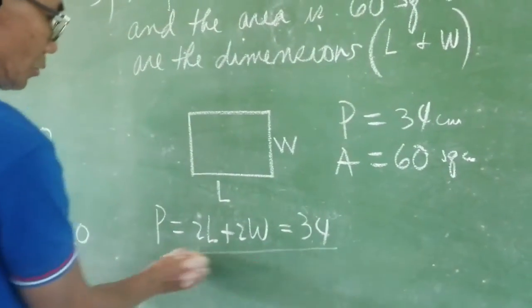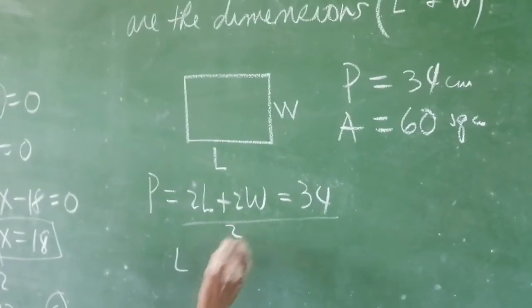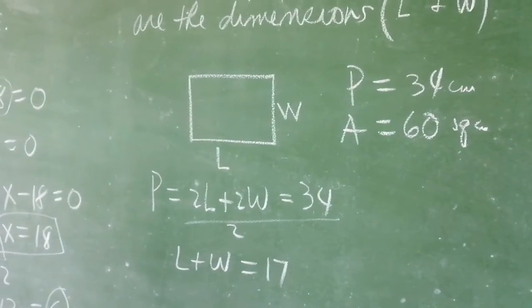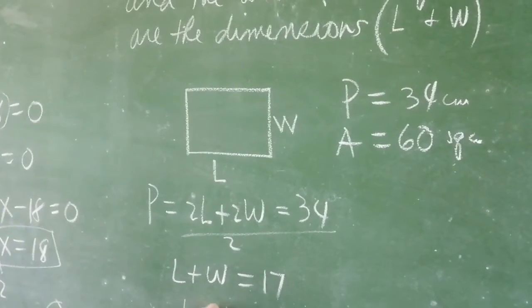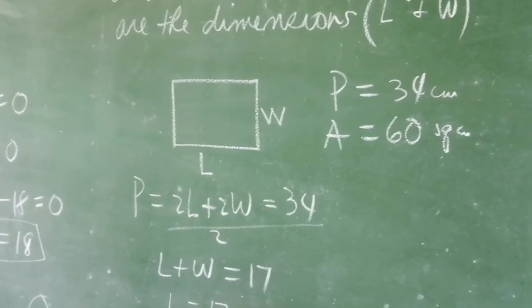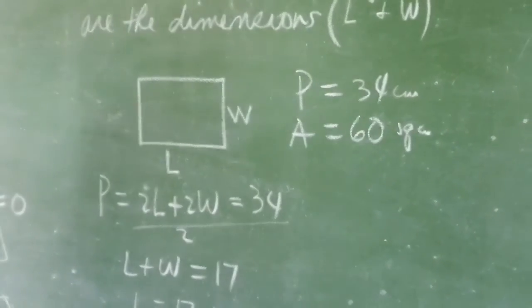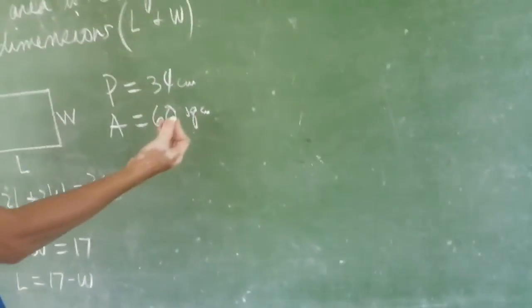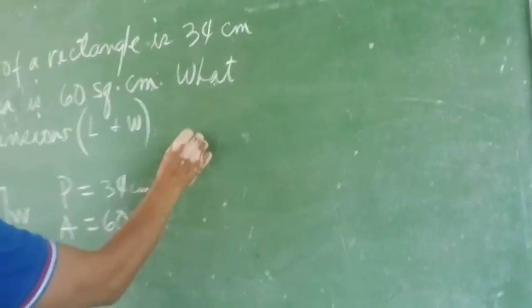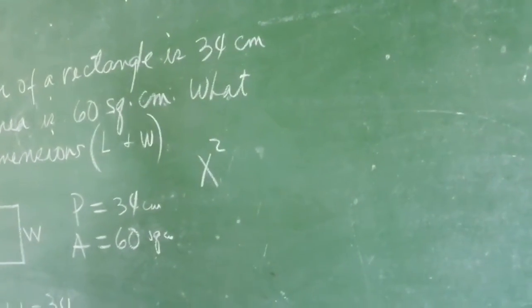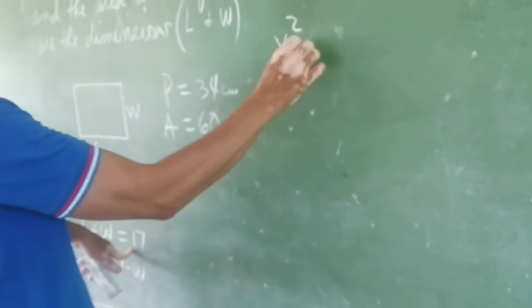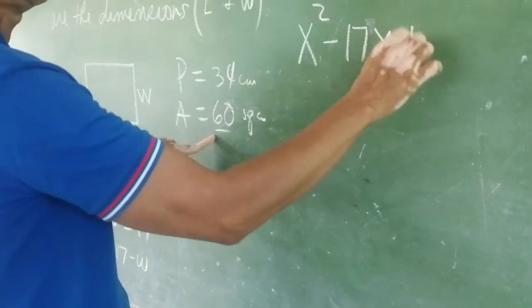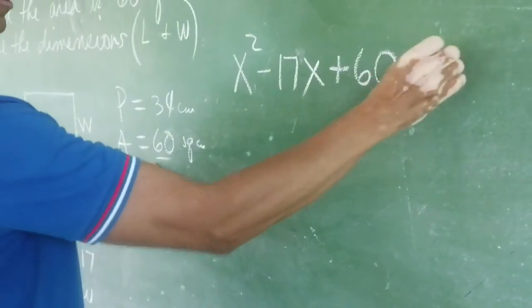Okay, you may reduce that so that we'll just get L plus W equals 17. So solving for one value will be 17 minus W. Okay, but kung nagmamadali kayo, sabi ko, we can immediately have this one. So x squared, we are going to use that because that is the sum, 17x, and the product is 60, will be equal to 0.